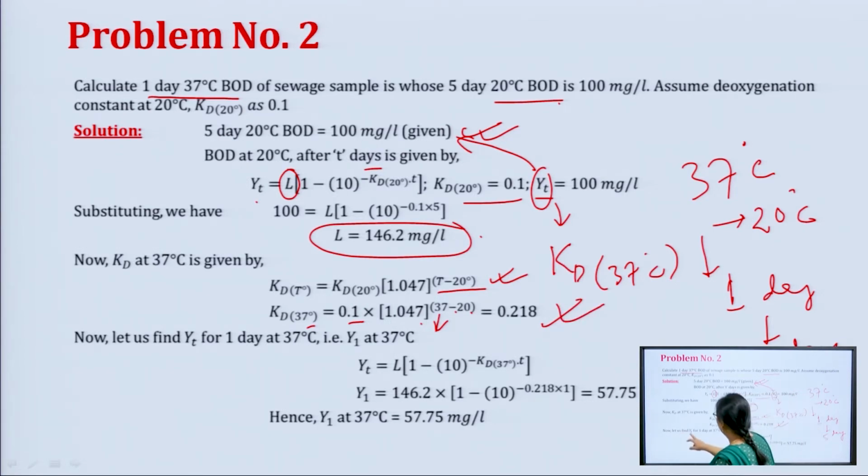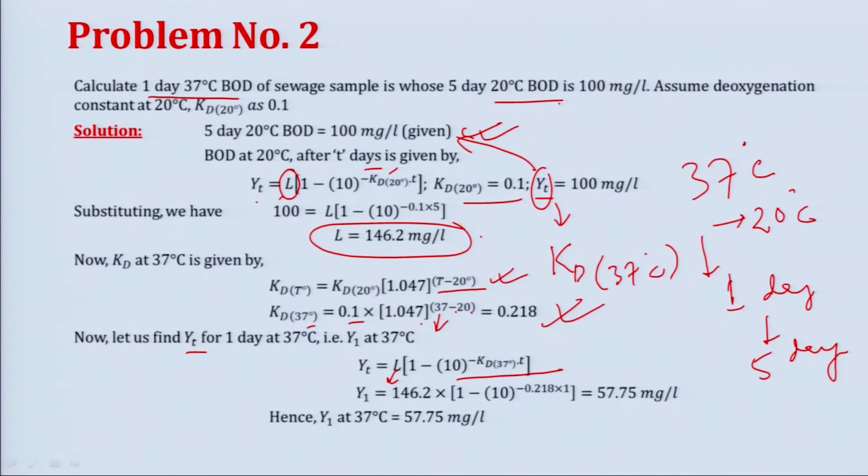Now, let us find YT for 1 day. You already know this value and this value, so it is very easy now. The BOD at 37° centigrade for 1 day, Y1, will be equal to, substituting the value of L, 146.2 into 1 minus 10 to the power minus 0.218 into 1.